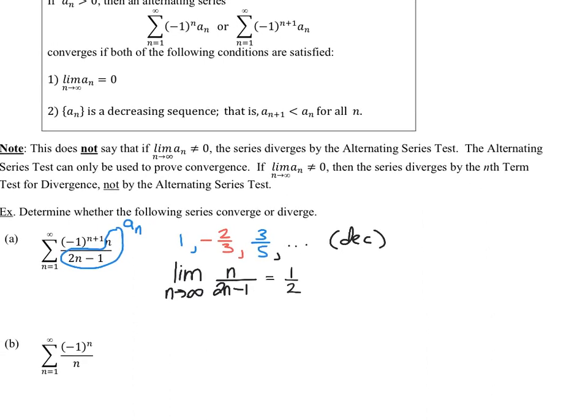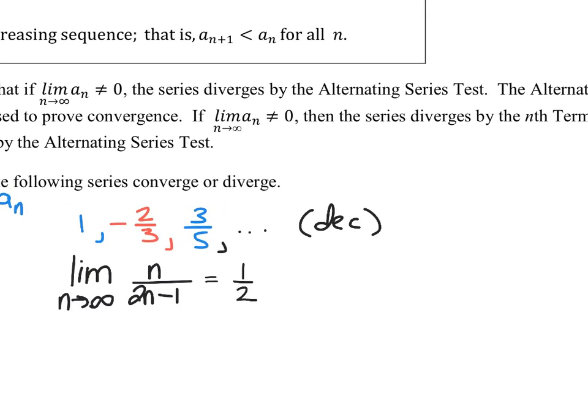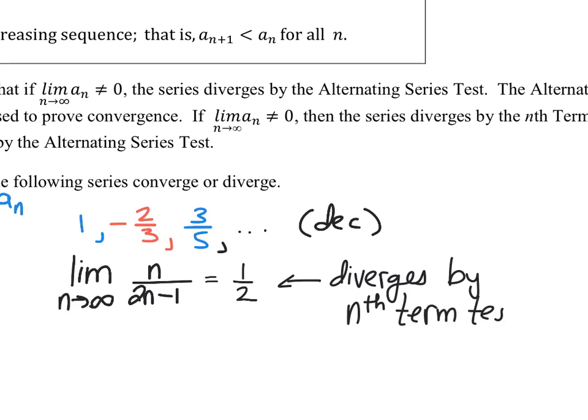All right. So that's where this little notation comes into play. 1/2 is definitely not equal to 0. What's happening here is that this series diverges by the nth term test, because the limit is not equal to 0.